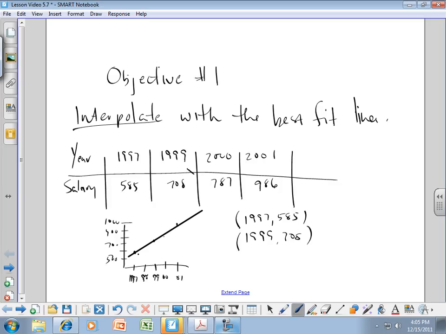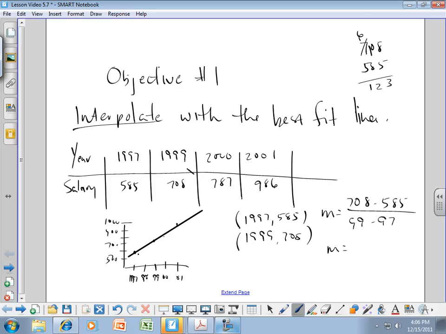Okay? We've got ordered pairs, so let's find our slope. Slope means 708 minus 585 over, can I just go 99 minus 97? Is that okay? All right? And you'll want to get a calculator, but if you can remember how to do this, this is called subtraction.